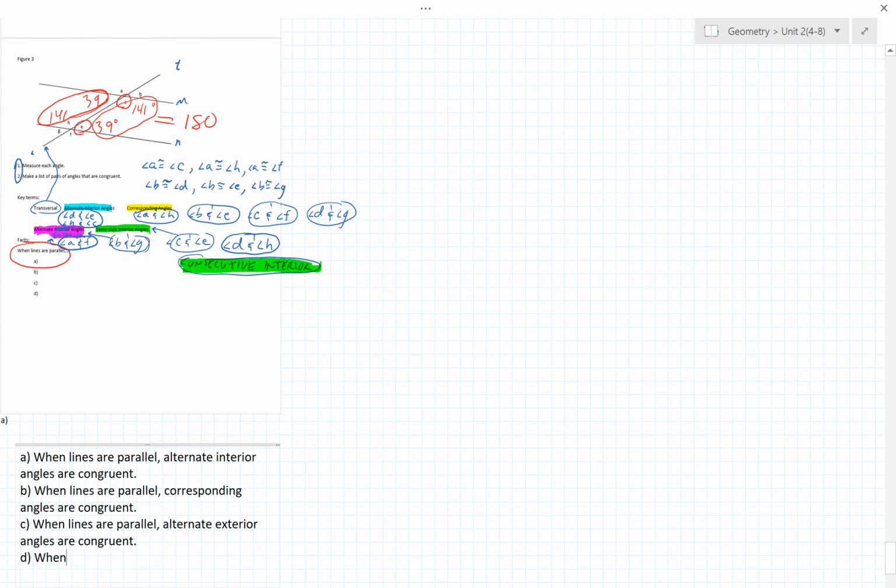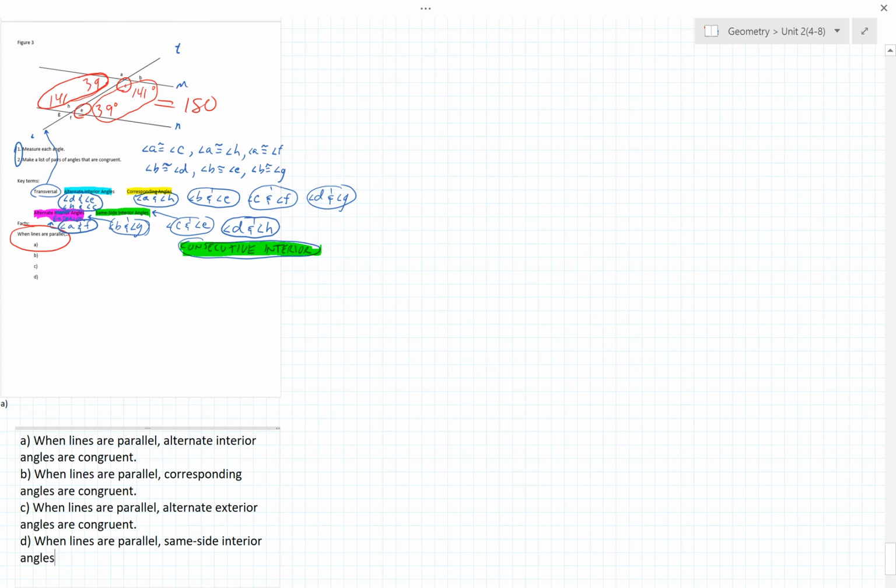So when lines are parallel, consecutive interior angles, which are also called same side interior angles, are not congruent, they are supplementary. That means they add up to 180 degrees.